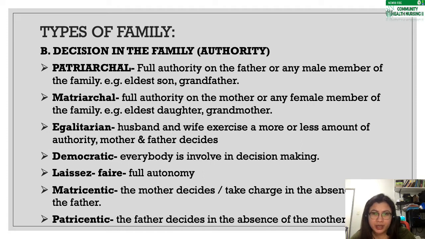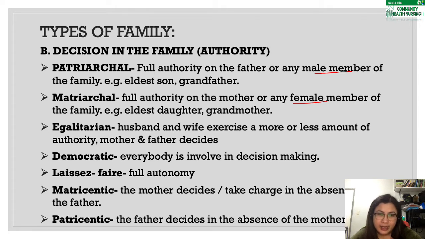The matriarchal, the full authority is on the mother or any female member of the family. When we say any female member of the family, it can be the eldest daughter or the grandmother. That's for the matriarchal.